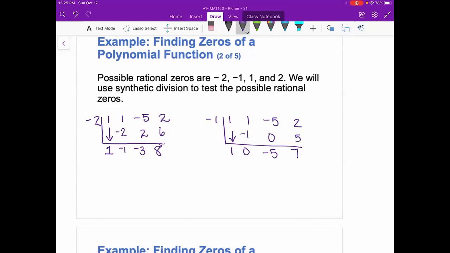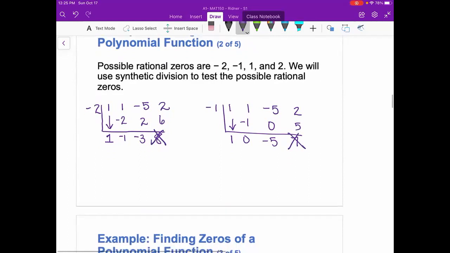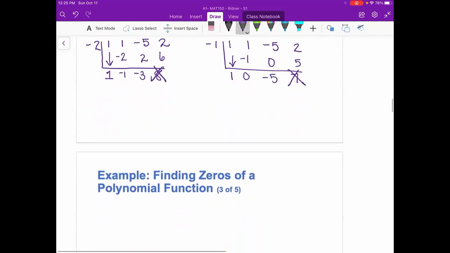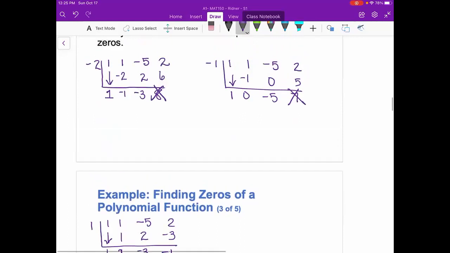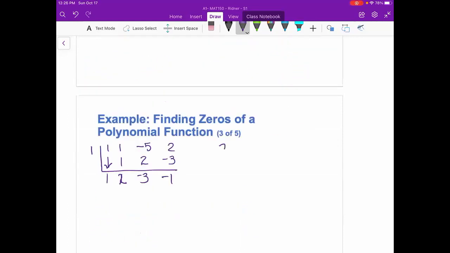Did not get 0 again. So my goal here is to get 0 as a remainder. Neither one of those did that, so I'm going to keep on going. I'm going to use 1. Try it again. All right, I got one more to try.